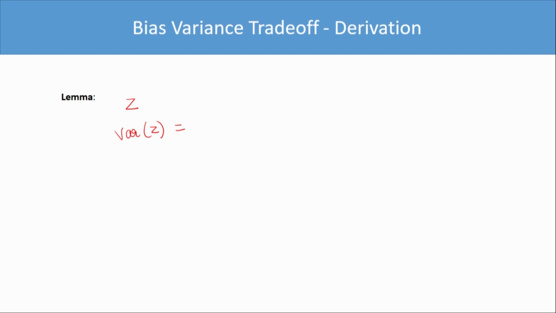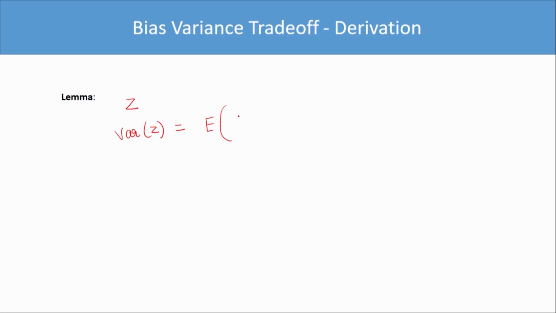Do you know how variance of z is defined? z i minus z bar, what is z bar? The mean. z i is a random quantity, z bar is a deterministic quantity, it's a number. z i minus z bar is also random, but variance is a number, right?